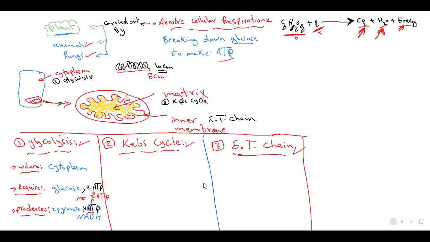So we need 2 ATP to break down the glucose, and when we break it down, we get 4 ATP. So the net profit here is 2 ATP.